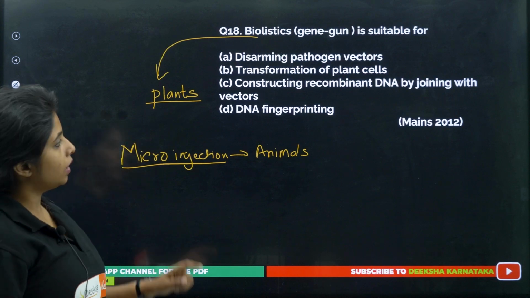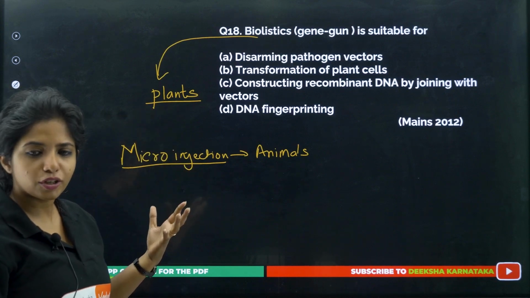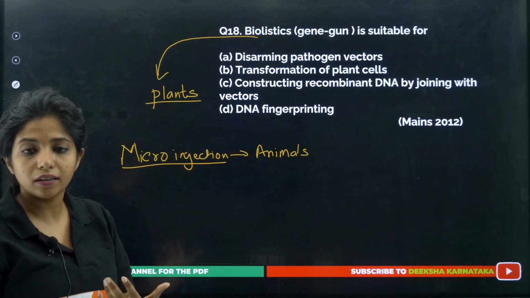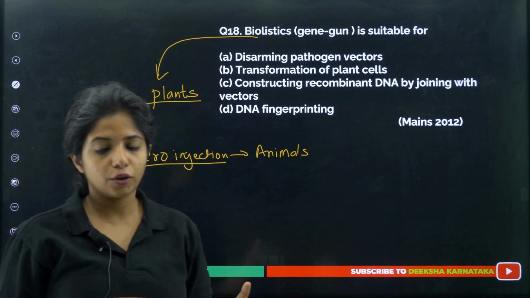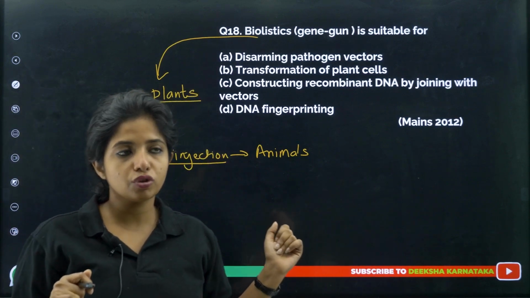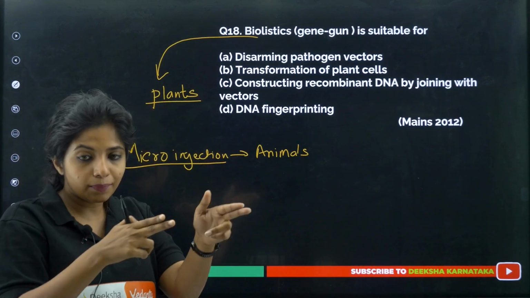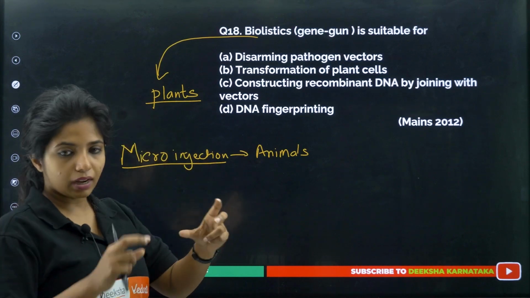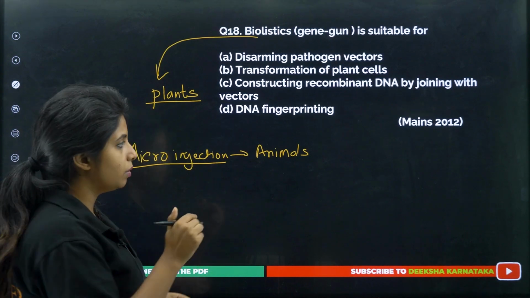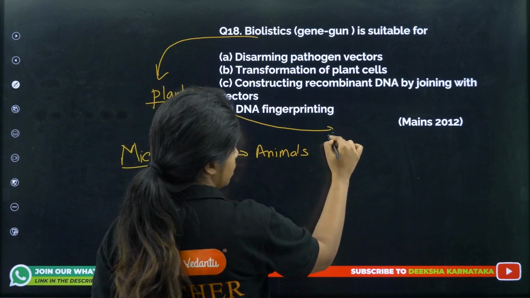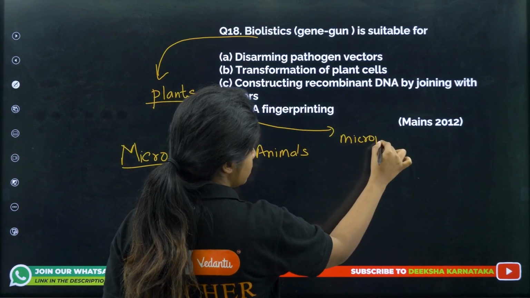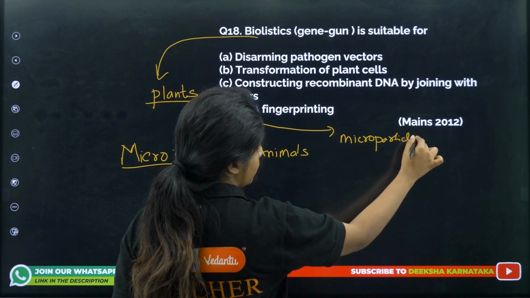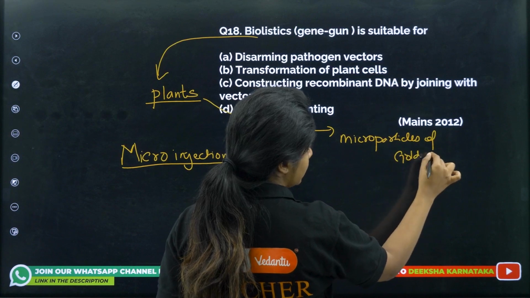Cool? So basically, what am I actually doing? Whenever I need vectorless methods for transferring DNA, when I don't need a vector to transfer DNA, what do I use? I use a gene gun there, which is a gun sort of thing, not the gun that you're thinking of. So over here, I am coating microparticles of gold and tungsten with the DNA of my interest.